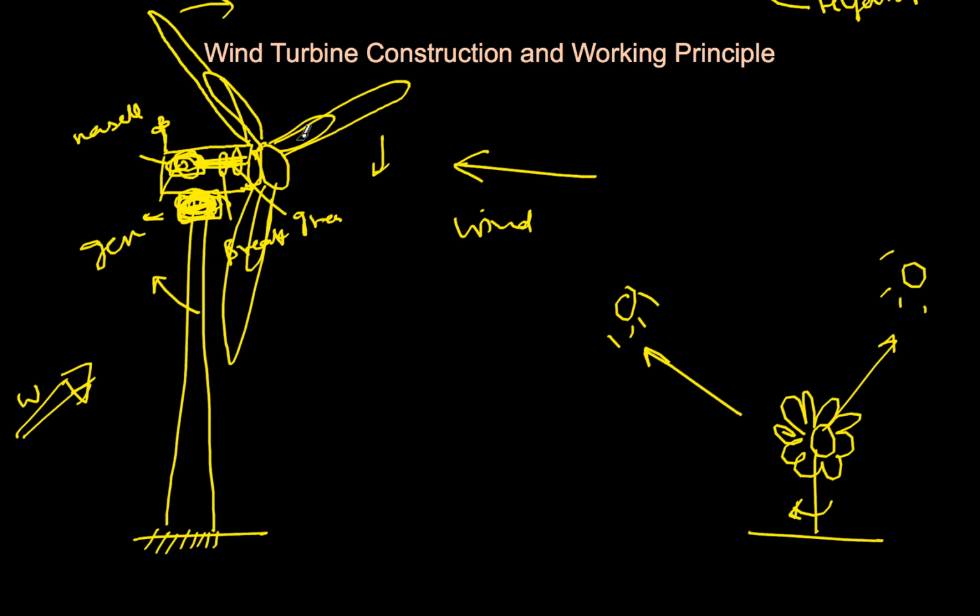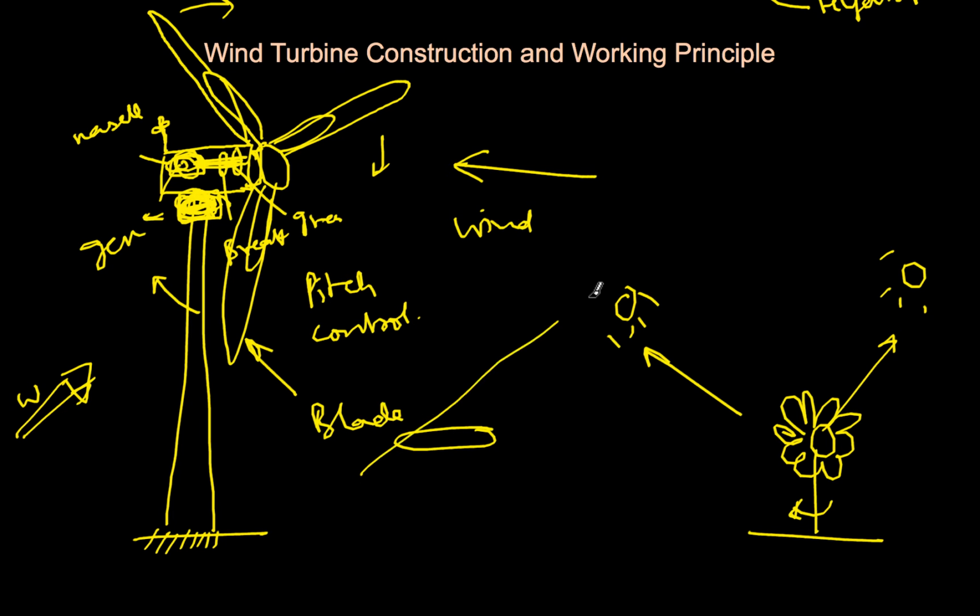Another thing is something called pitch control. If you look at the blade of the wind turbine, the blade cross section will be something like this, just like the cross section of an aeroplane wing. This is the entire length of the blade, and this is the cross section.